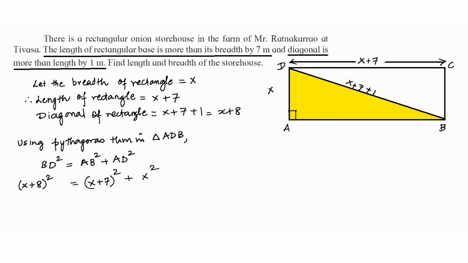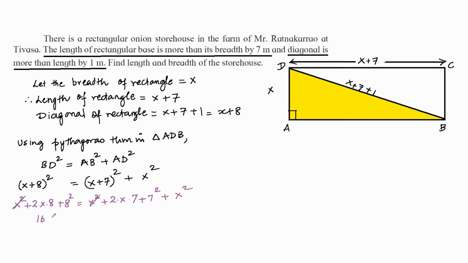And now I can open up the brackets using a plus b the whole square idea on both sides. So this is a square plus 2ab, 2 into x into 8, plus 8 square is equal to x square plus 2 into x into 7 plus 7 square plus x square. So x square cancels.